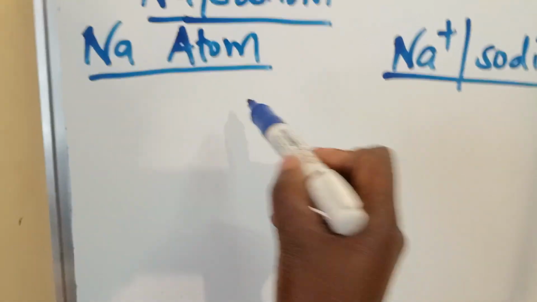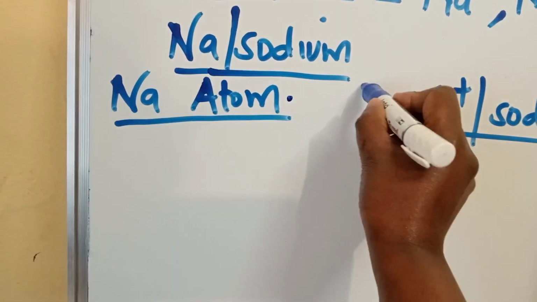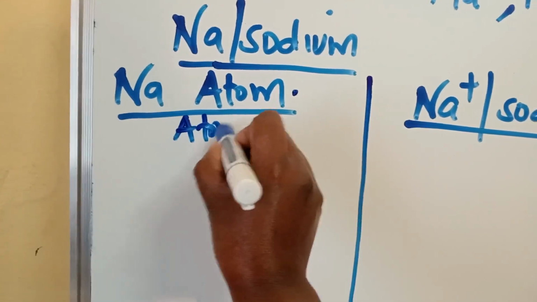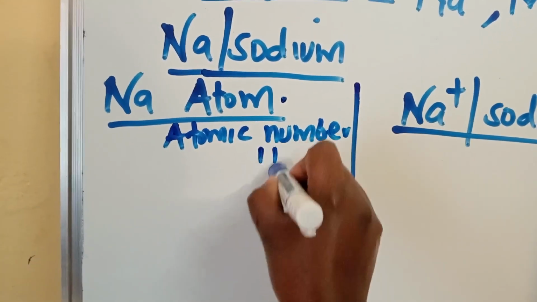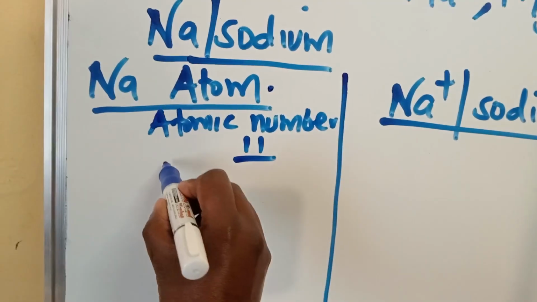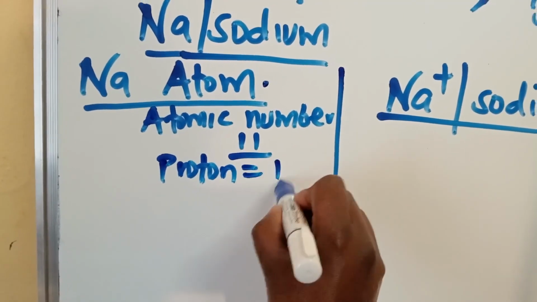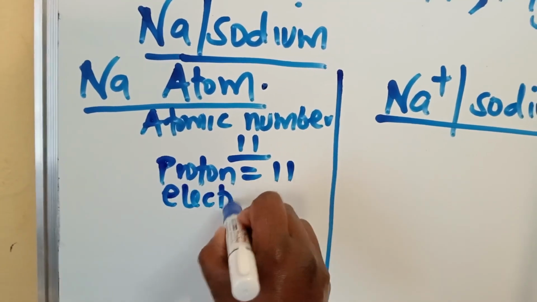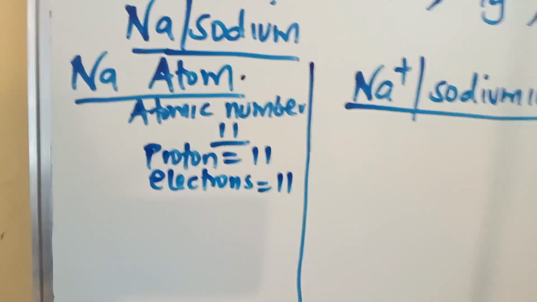So for sodium atom, sodium is atomic number 11. And when it is atomic number 11, it means it has 11 protons, and it also has 11 electrons.